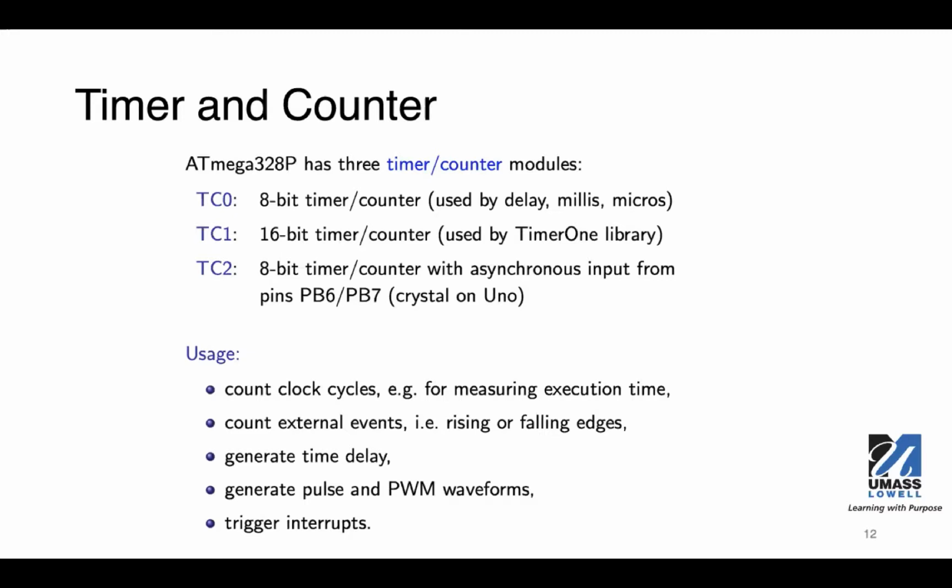If you want to generate time, or measure time, that's definitely when you have to use timer registers, counter registers. You can count external events using rising or falling edges, and you can generate time delays. You can generate pulses and PWM waveforms, and you can also trigger interrupts.